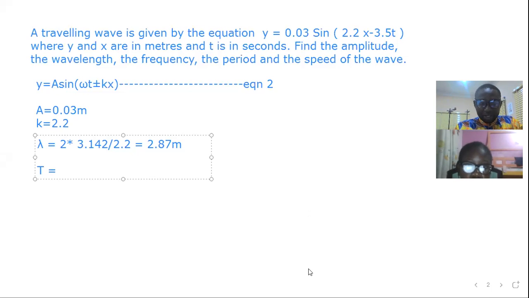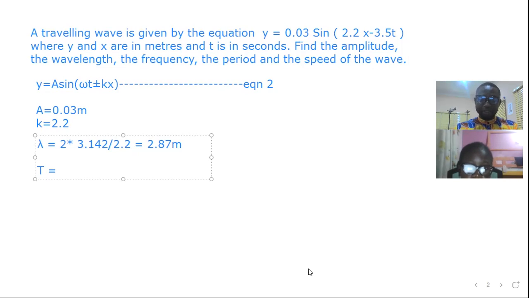The next thing they asked us to find is the period, big T. But remember, we know definitely that angular velocity is 2 pi f, which is also the same thing as 2 pi over T. Now, if we cross multiply, T is equal to 2 pi over w.